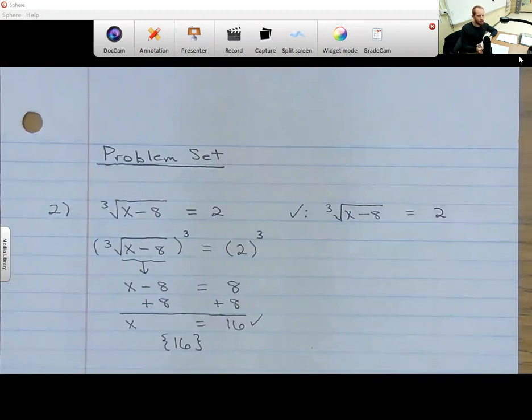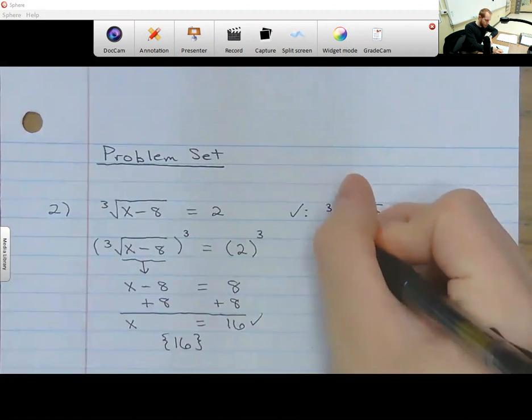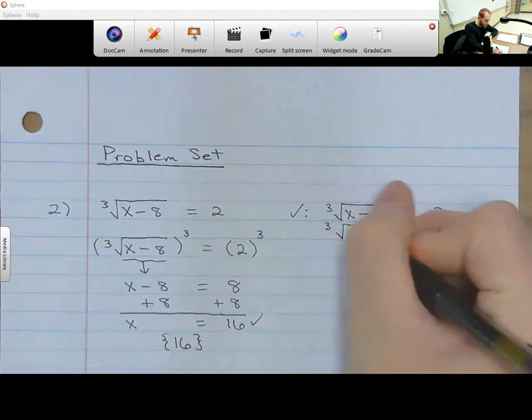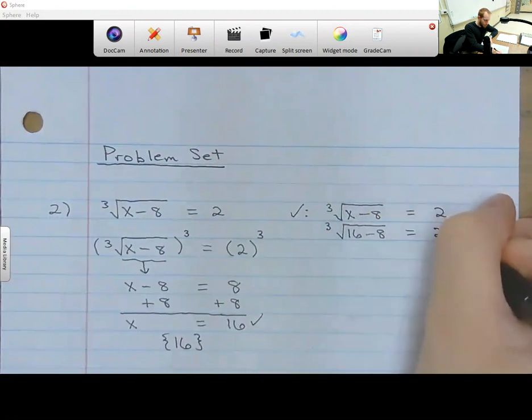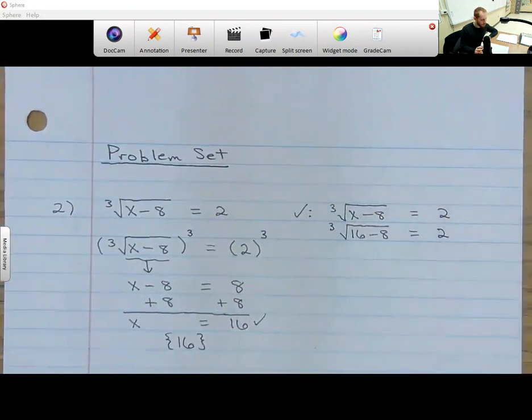So everywhere I see an x, I'm going to replace it with a 16. So I'm going to get the cube root of 16 minus 8 is equal to 2. Once again, the only thing I'm doing is replacing that x with a 16, whatever answer I got from the left side.